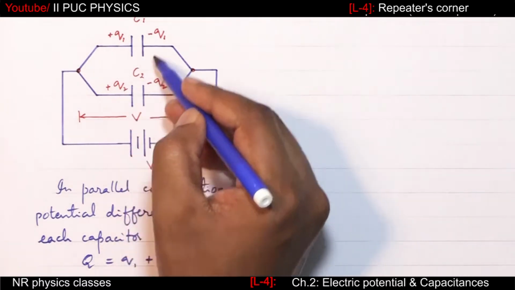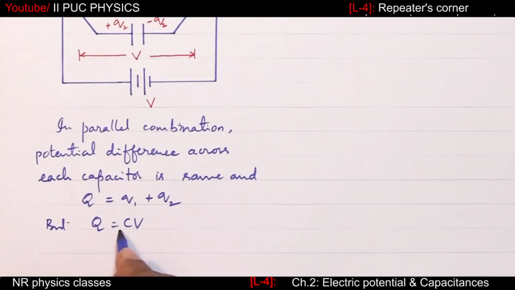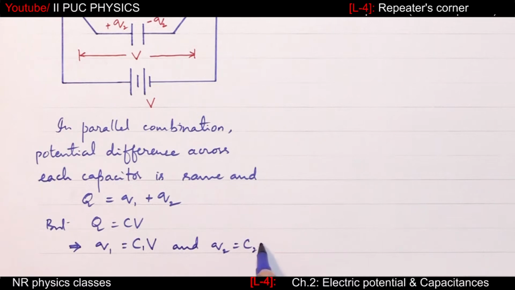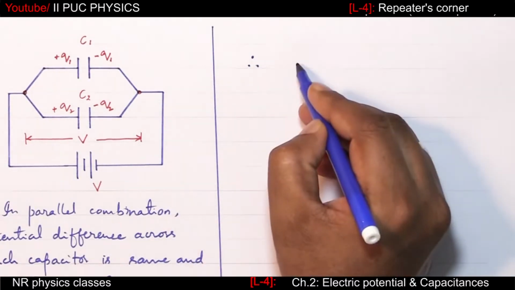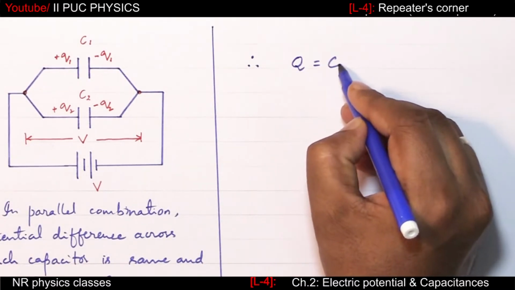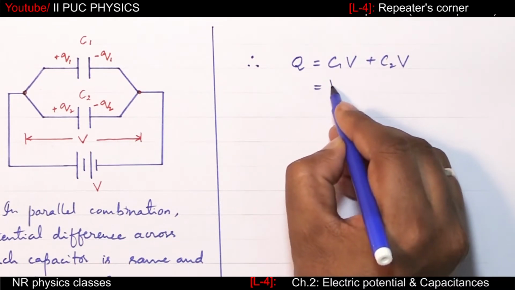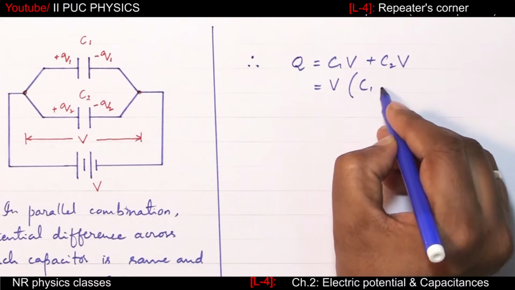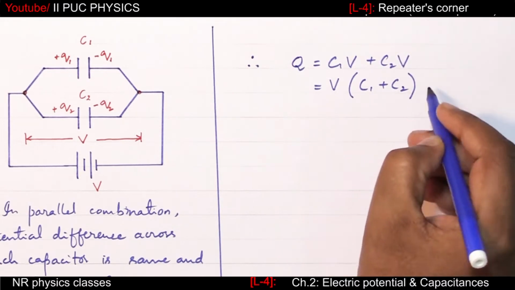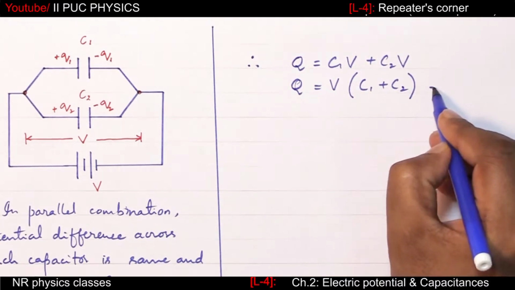Sum of these two charges is the total charge, but Q equal to CV implies I want Q1, therefore Q1 equal to C1V and Q2 is C2V. Therefore total charge becomes C1V plus C2V. V is common factor, C1 plus C2. This is total charge Q.